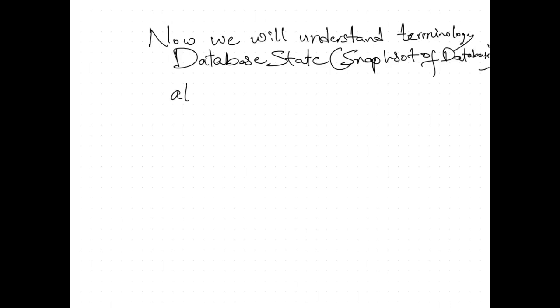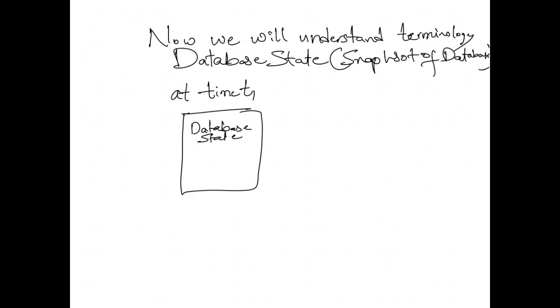At time t1, the database state is A equal to 100, B equal to 100.